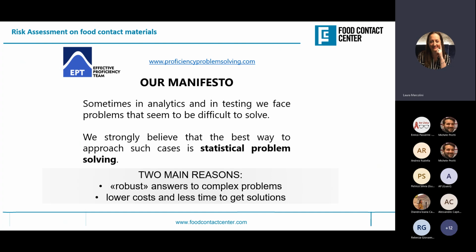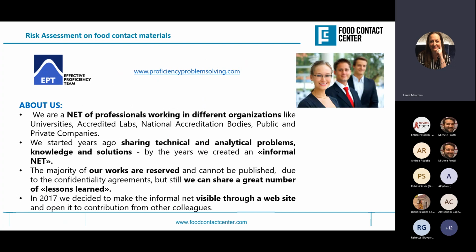That's why a team, me and mostly Anna Bortoluzzi, decided some years ago to create this proficiency problem-solving team. It's a company, but it's not a company to make money. It's just to exchange knowledge and samples and to be able to help companies where we have some difficulties to decide the testing approach.